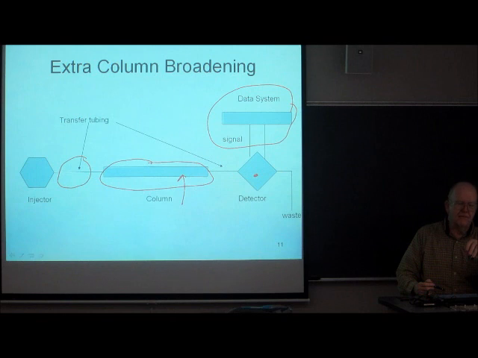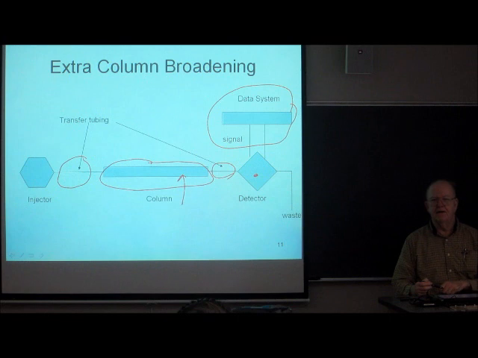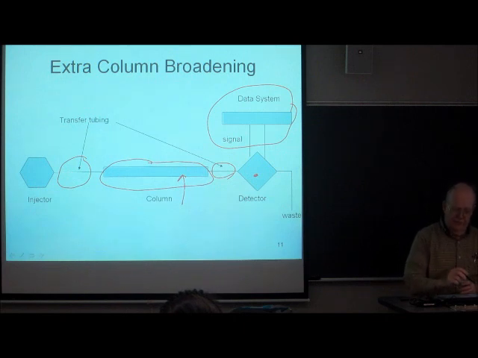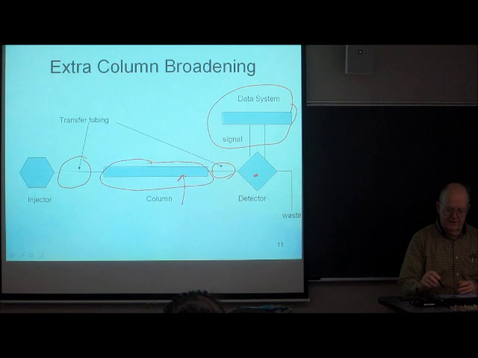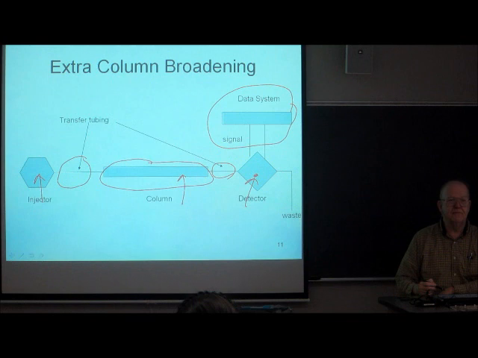If the volume of your transfer tubing, either between the injector and the column or between the detector and the column, is too big, that can screw up your separation. There's more chances to lose here than there are to win. You have to understand the interactions between the injector and the column, the detector and the column, and the transfer tubing and the column. And we're going to talk today about the injector and the detector.